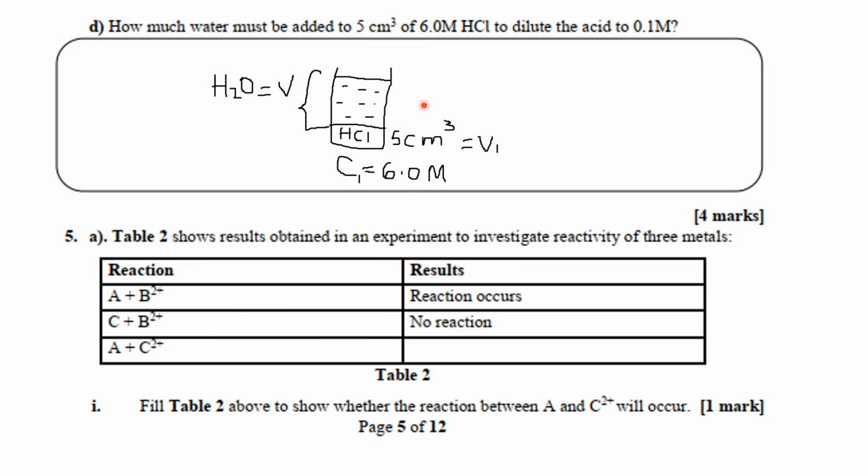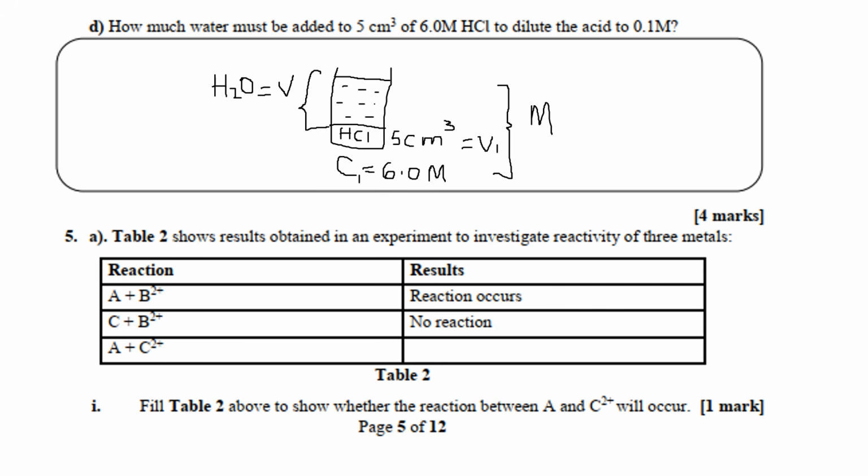To produce a solution, this solution to have a concentration of... to produce a new concentration. Call it M2.